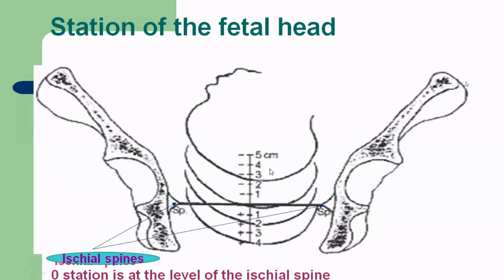If it is high above, then we cannot even touch the fetal head. So up to -3 we document in the station, and when it is below the level of ischial spine, the station is +1, and below is +2 or +3, and below that the head is visible in the introitus.